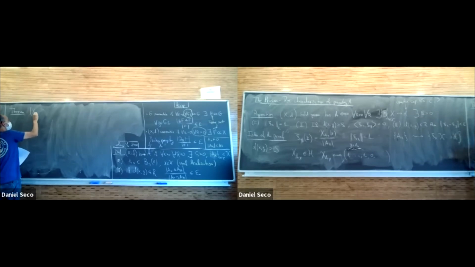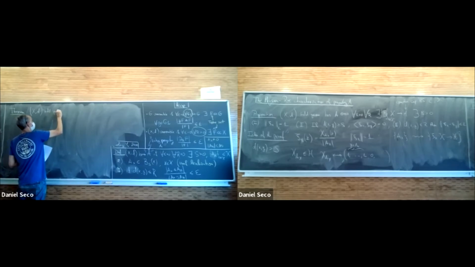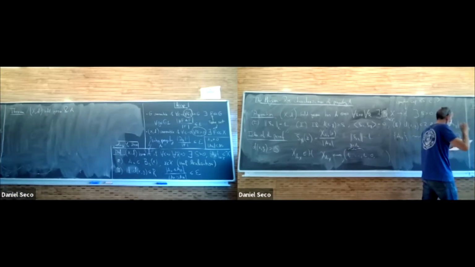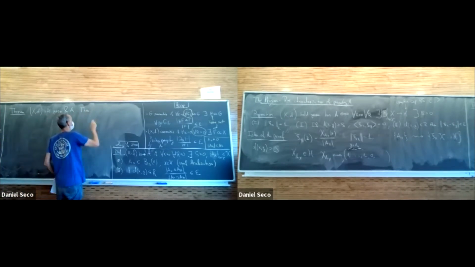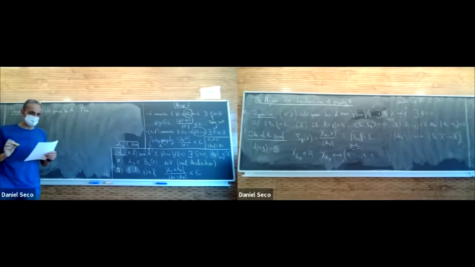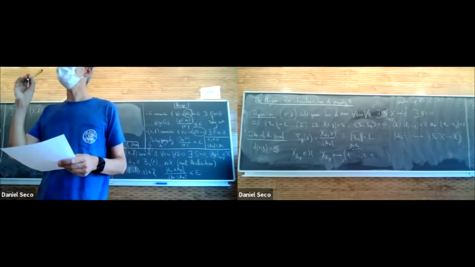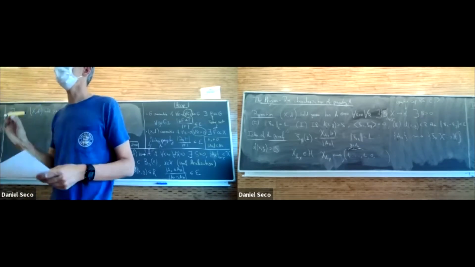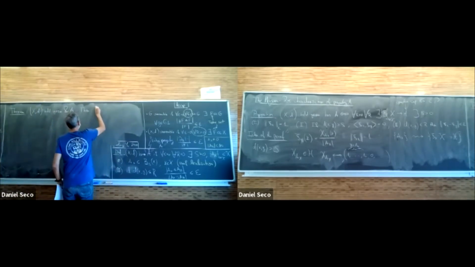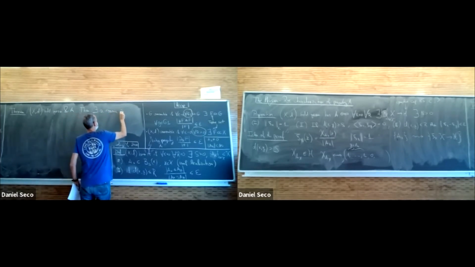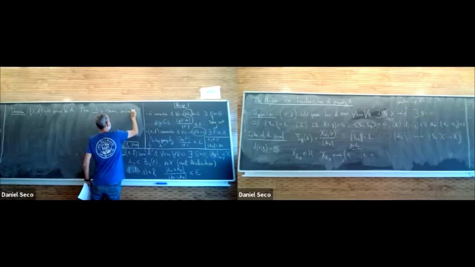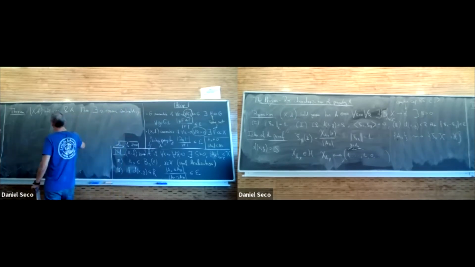Let X be a metric space with bounded geometry and property A. Then there exists a coarse embedding into a Hilbert space.